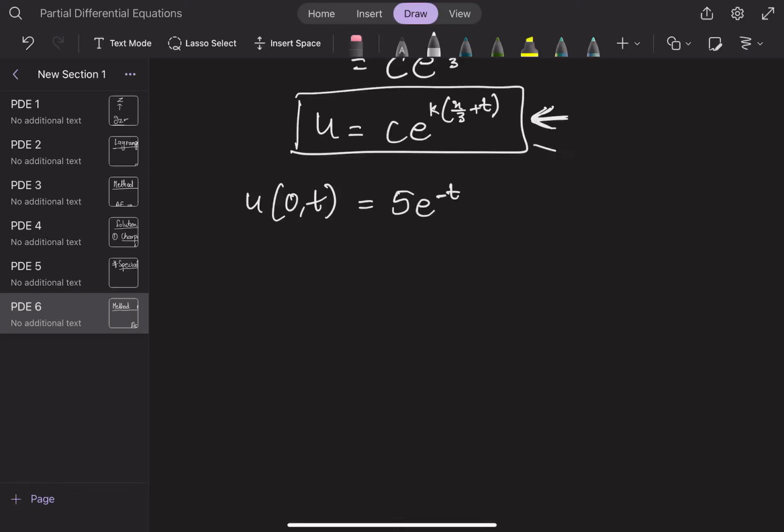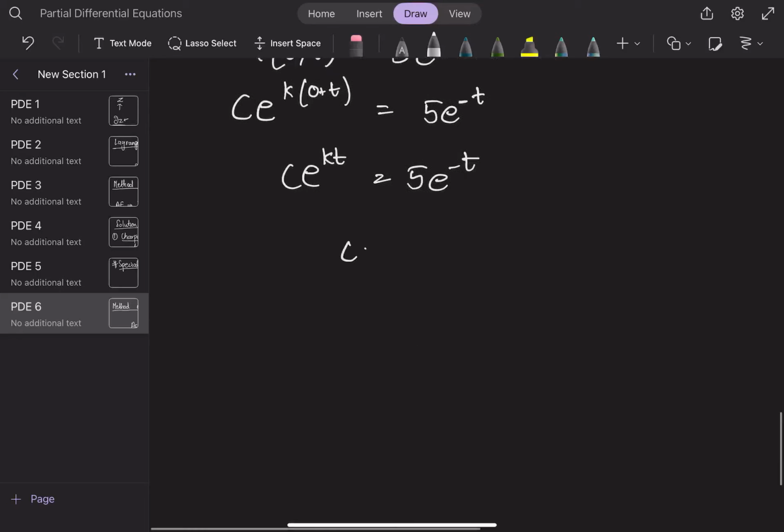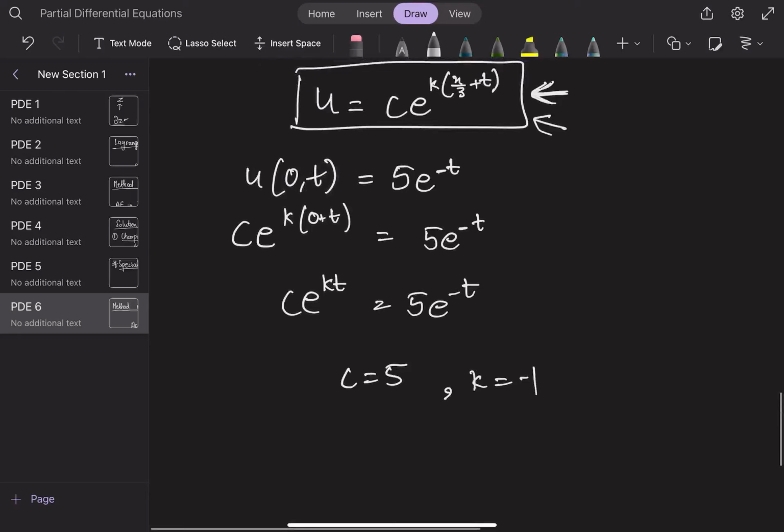So let's put x as 0 in this equation. c e raised to k(0 plus t) is equal to 5 e raised to minus t. So c e raised to kt is equal to 5 e raised to minus t. When you compare these, you get c is equal to 5 and k is equal to minus 1, which means you're going to replace c and k in this equation again.